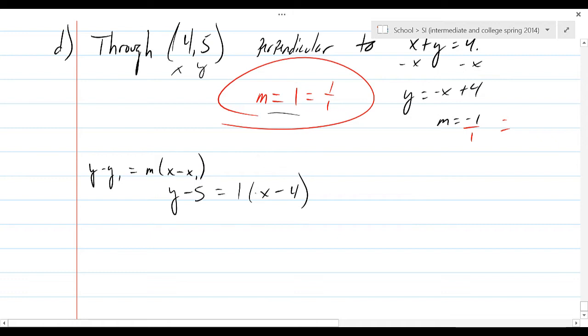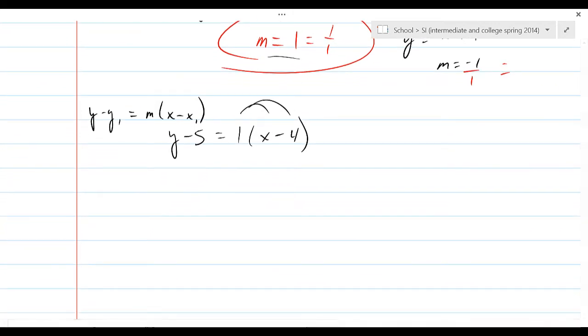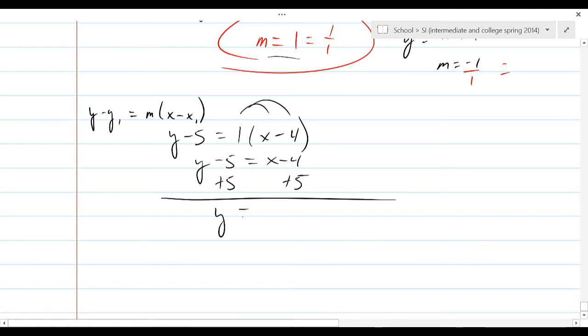Alright, so I distribute this 1, which effectively does nothing, but I've got y minus 5 equals x minus 4. Now let's add 5 to both sides, and I've got y equals x plus 1. And that is slope-intercept form.